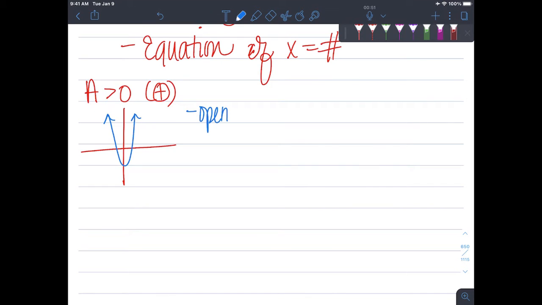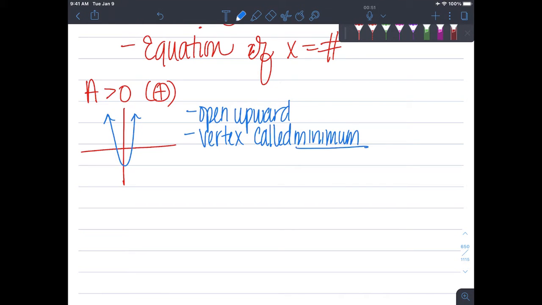It's opening upward, and my vertex is called a minimum. Yes, minimum. The reason is it's the very lowest point.